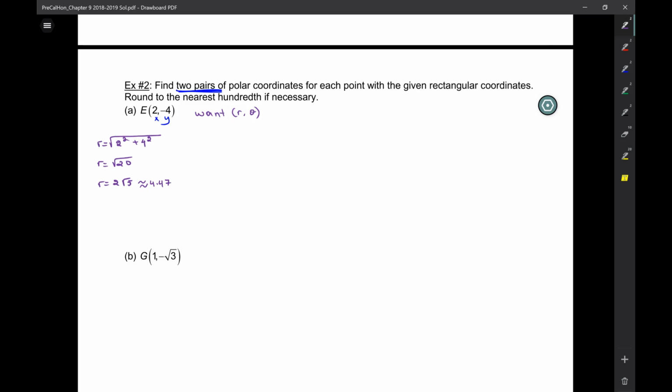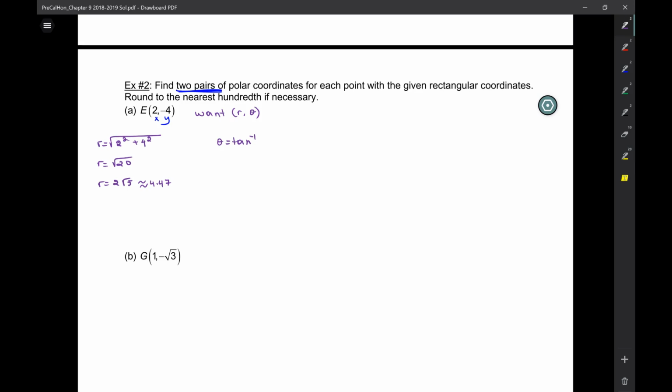Now, what I also want is theta. So theta is the inverse tangent of y over x. Now, can you use r? Mathematically, yes, you can use r, but what if you got r wrong? Then it's all wrong.